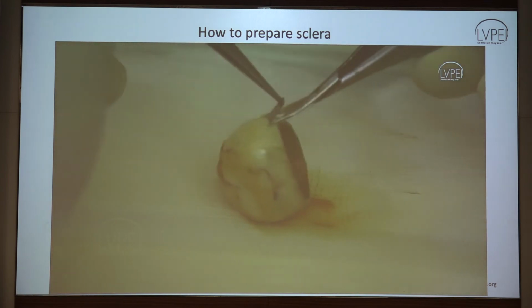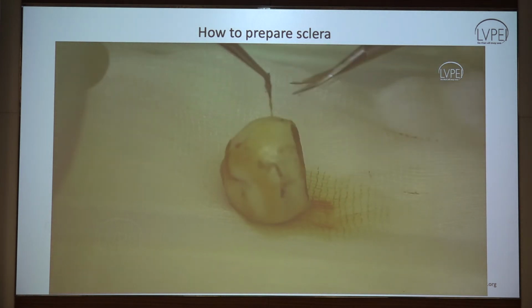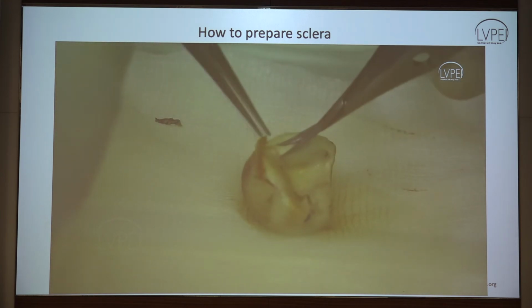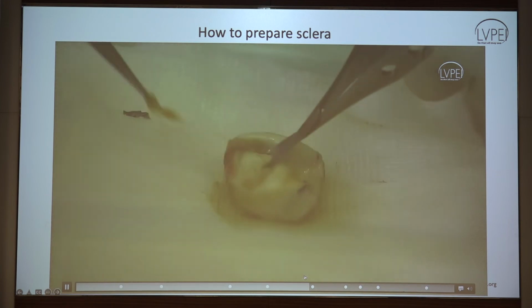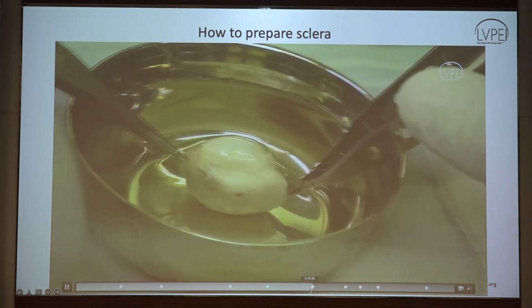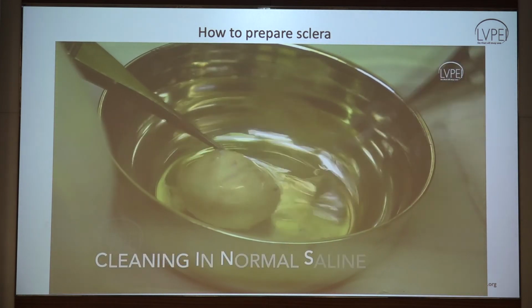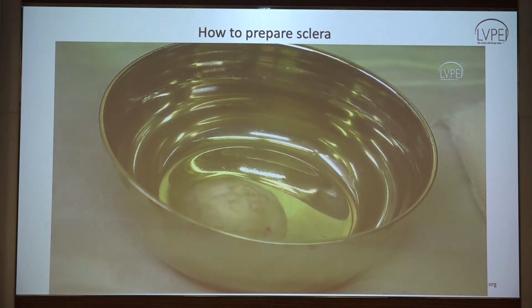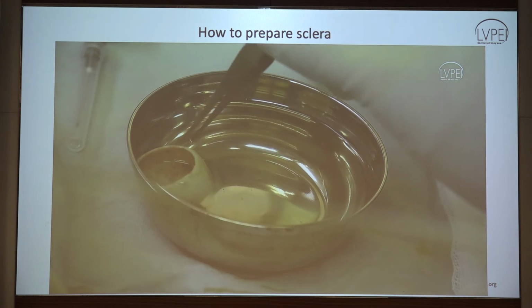The excess fibrous tissue, the adhesions of the extraocular muscles are also removed. Then it is soaked in normal saline, and any other adherent fibrous tissue is also meticulously removed from the sclera.